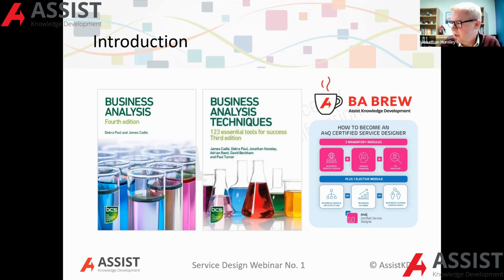I'm also the co-architect of this qualification you can see here in the right-hand corner, the A4Q Certified Service Designer Award. And some of you may have seen me or heard of me and my colleagues in that podcast, and I can see a few friendly faces that have joined the podcast as well. So welcome to those of you that are here.